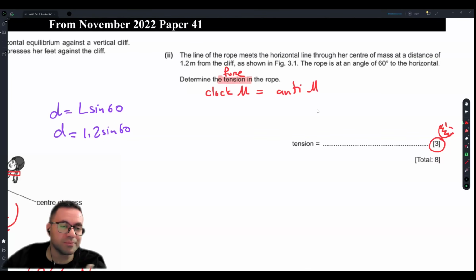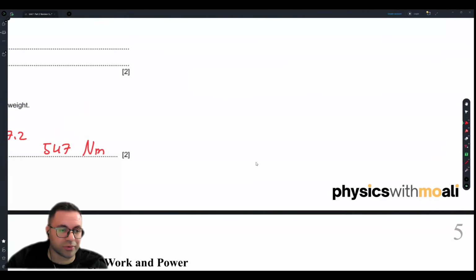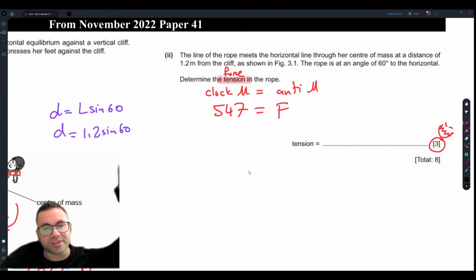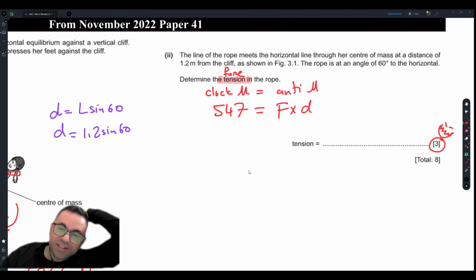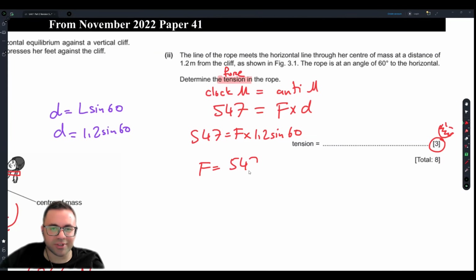Clockwise is her weight's moment, which we already have, the 547. So that equals the anti-clockwise moment, which is the tension in the rope, force times distance. So 547 equals F times 1.2 sine 60, which means F is 547 over 1.2 sine 60.